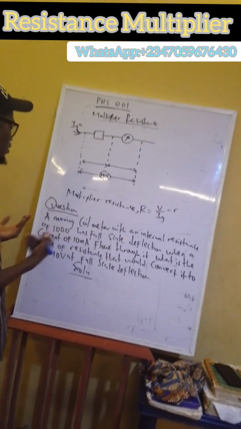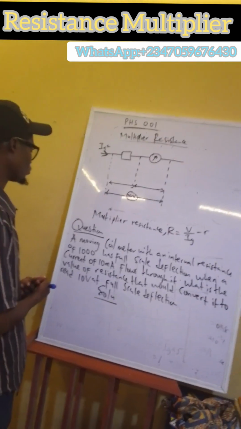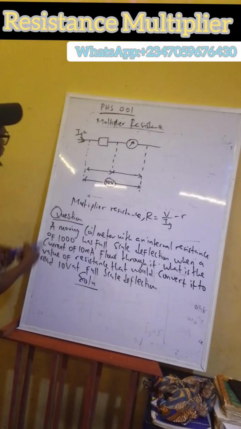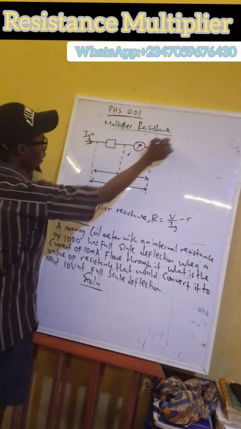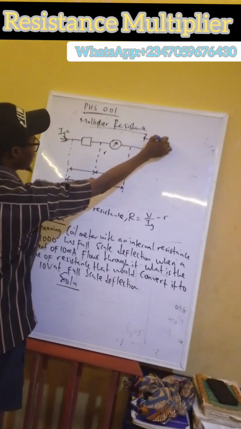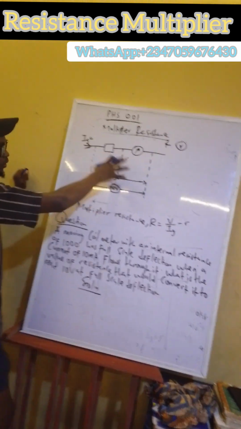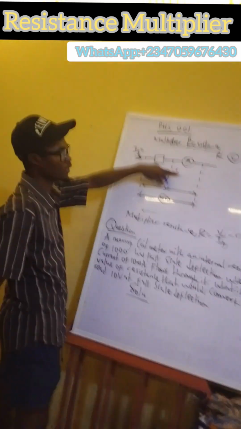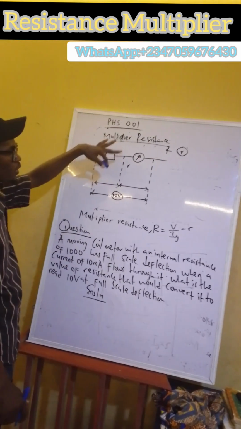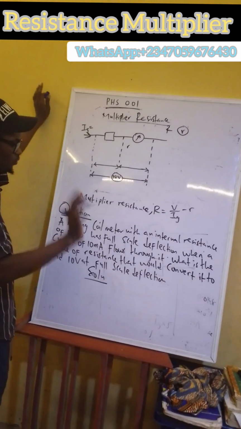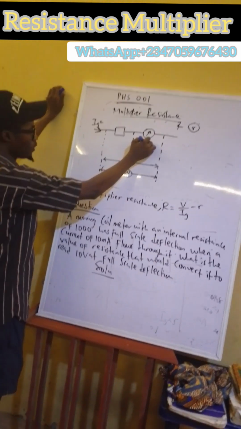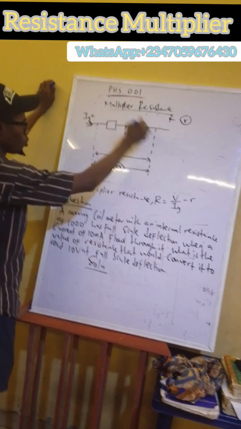Remember that this one is external resistance, this one is internal resistance. But in this topic, multiplier, it is the resistance of the galvanometer, so the resistance of the galvanometer is also the internal resistance. Don't get confused. So our r here is 1000 ohm.